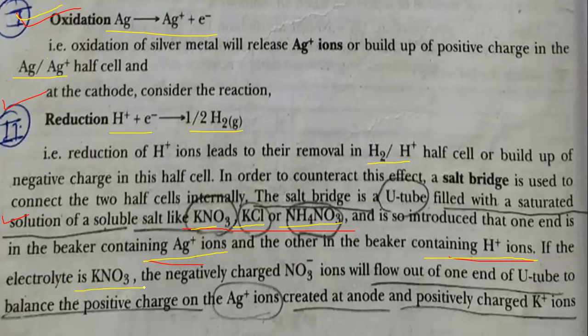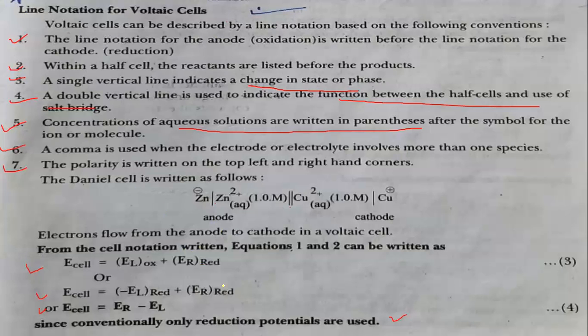If the electrolyte is potassium nitrate, the negatively charged nitrate ions will flow out of one end of the U tube to balance the positive charge of Ag+ ions created at the anode, and the positively charged K+ ions flow to the other side. This process happens through the salt bridge.